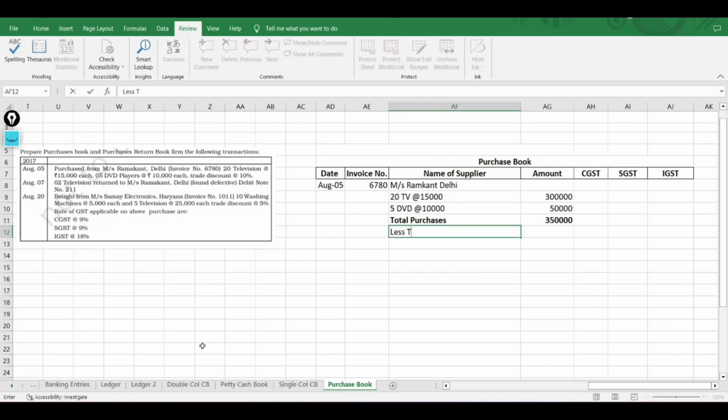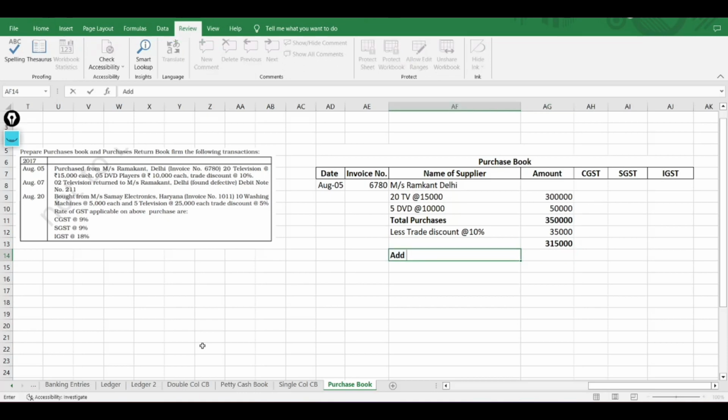Trade discount is to be deducted. Trade discount at 10%, allowed on total purchases. So 3,50,000 into 10%, 35,000 is the trade discount. Now after allowing the discount, total will be 3,15,000, and GST is to be added.